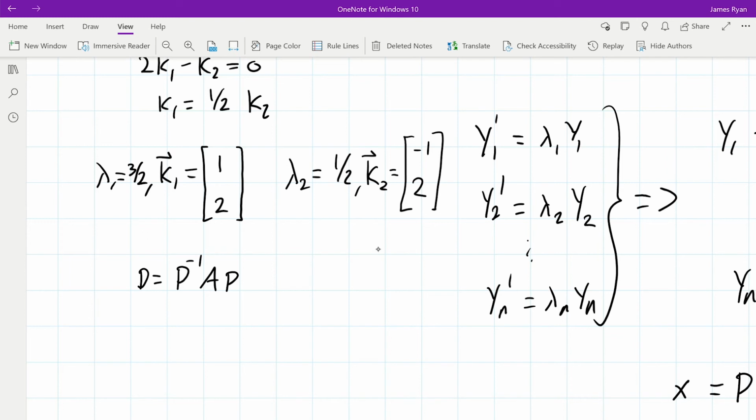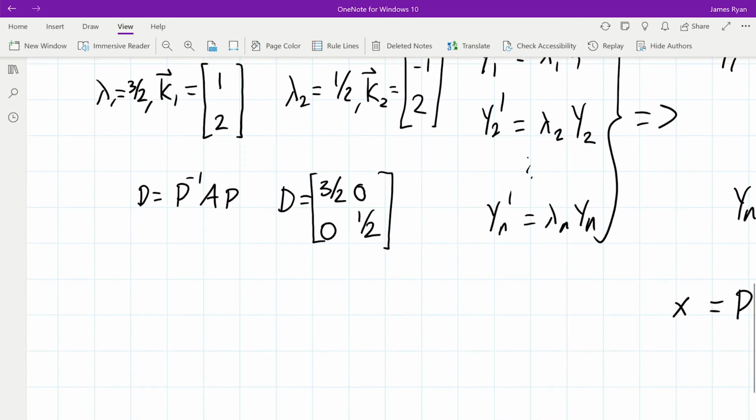So D will be 3 over 2, 0, 0, 1 over 2. And P will be the matrix made up of the concatenation of the eigenvectors in the same order that their associated eigenvalues appear in D. So P will be 1, 2, negative 1, 2.